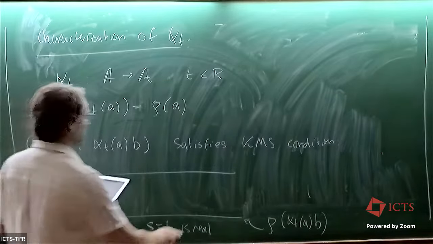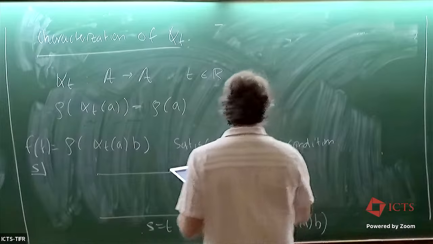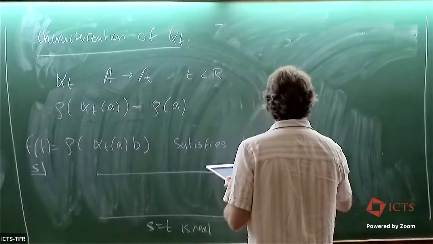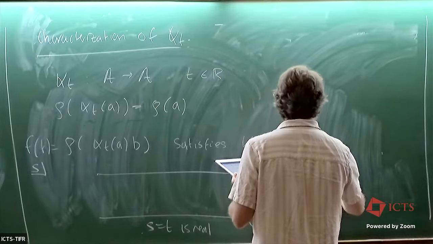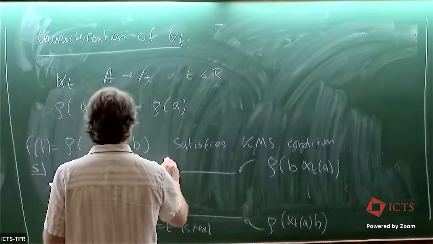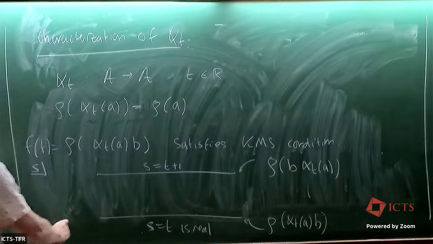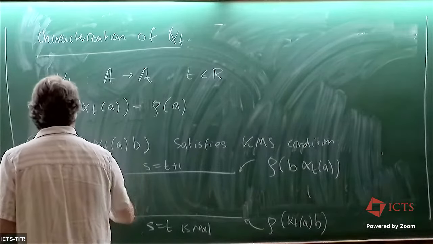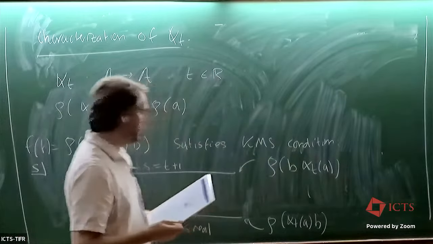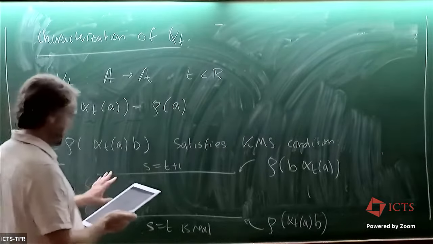And then if I look on the top of this strip, at t plus i, so you go up i in the complex plane, I get a similar function, but where I flip the order of b and alpha t of a. Okay?